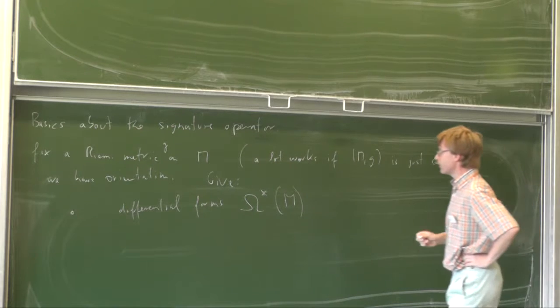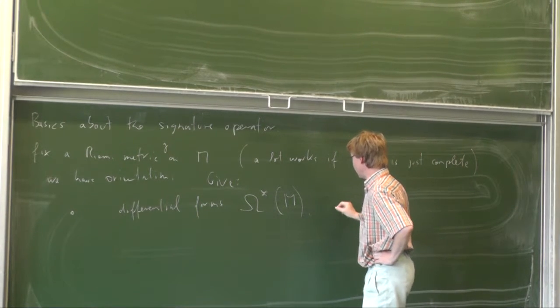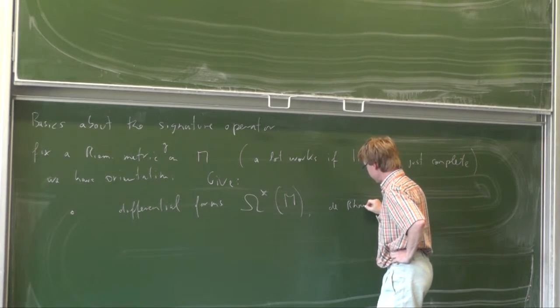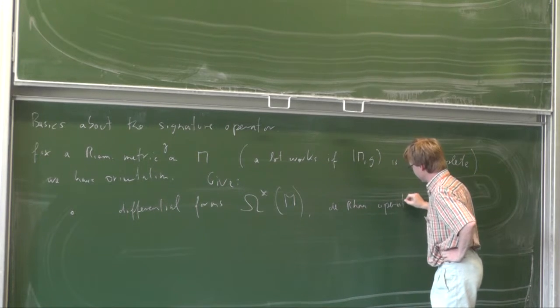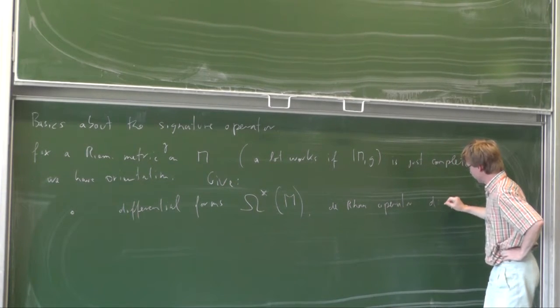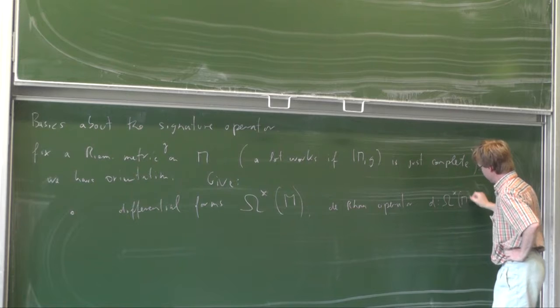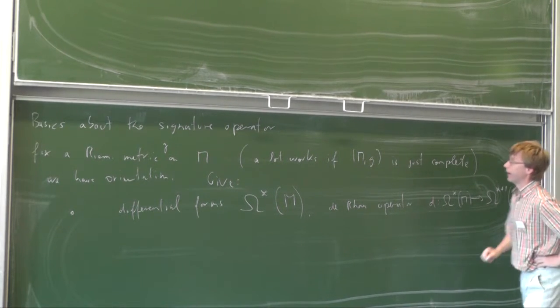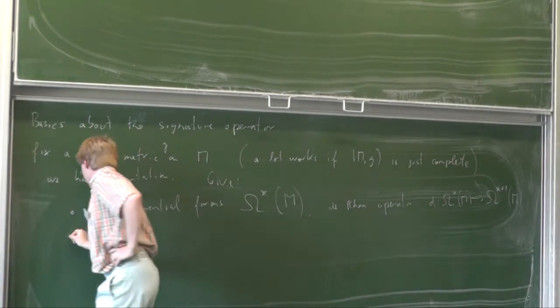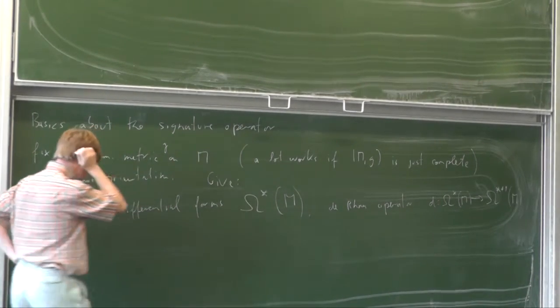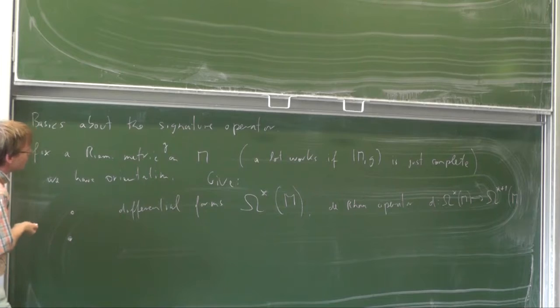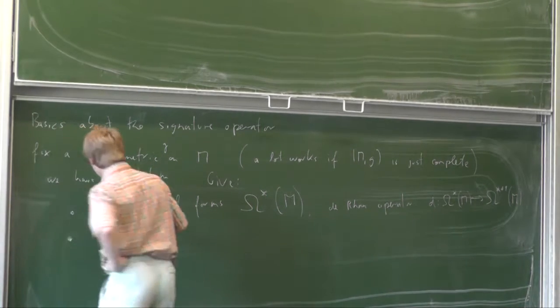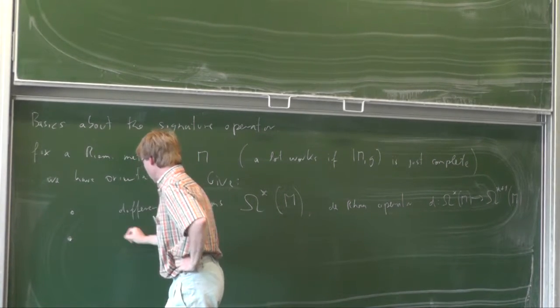Okay, so what we do have are differential forms and the de Rham operator. So all of us know that. That doesn't use a metric, of course, but the orientation and the Riemannian metric will also give us the Hodge star operator.